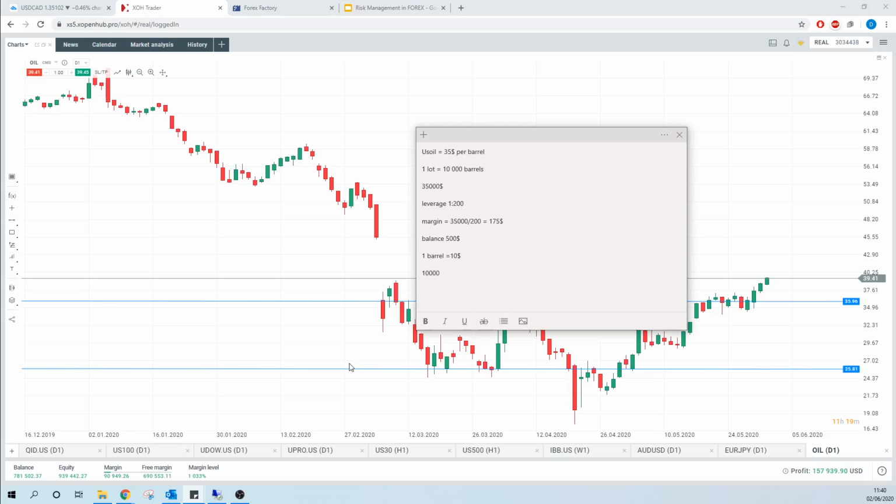So of course, if I'm starting with this amount, if I start with 500, I'm using just a small amount, right? I use a margin of like 40% that day. I can simply drain my balance when oil goes against me like this, because my balance will not see just the $10 movement.